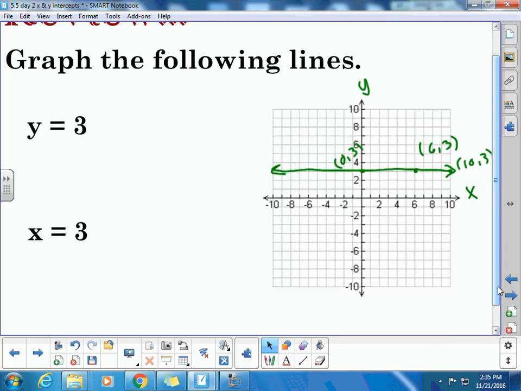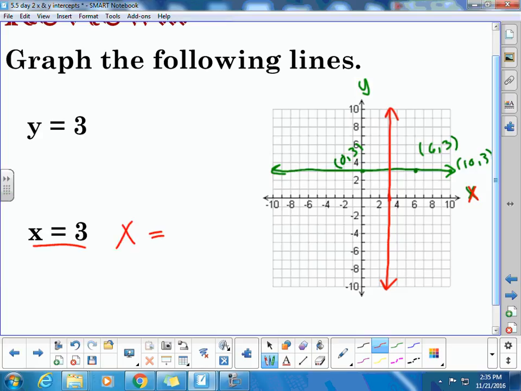I'll switch colors. If I'm looking at x equals 3, here is my x-axis, so x is 3 right here, and everywhere on that line, so this ends up being a vertical line through where x is 3. This is x equals 3 in red, and this is the line y equals 3, which is in green.